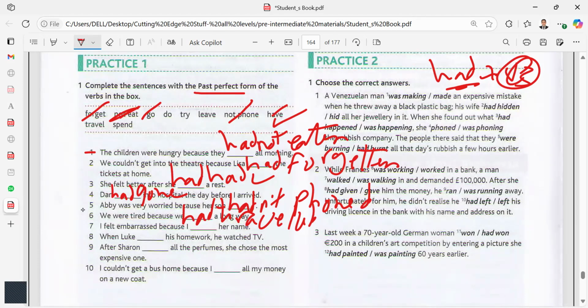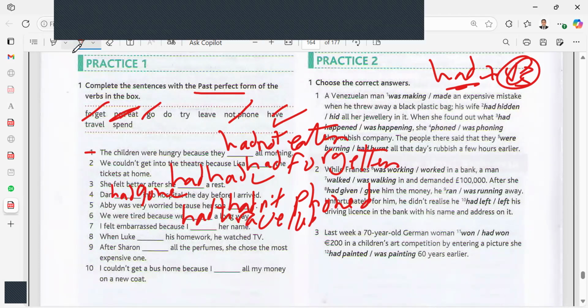I felt embarrassed because I had forgotten her name. خلي بالك يا جود، number 1 ممكن نقول had left. وهنا نقول had forgotten her name. يعني ممكن number 2 had left. سابت التذاكر في البيت.